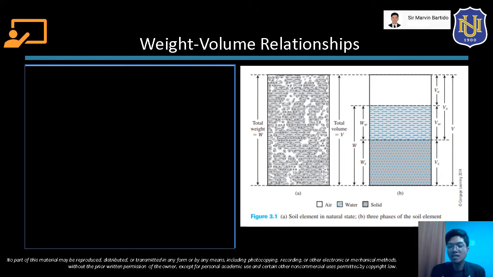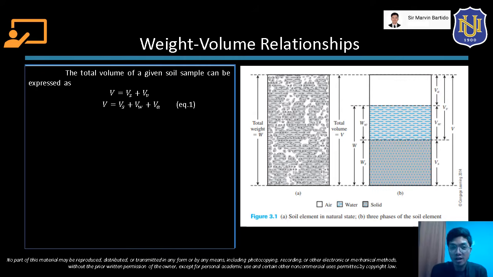Okay, so class, we are going to analyze here the volume and the weight of this soil element. For the volume of this soil element, the total volume will be the volume of the solid particles plus the volume of voids, wherein the volume of voids is composed of volume of water and then volume of air.